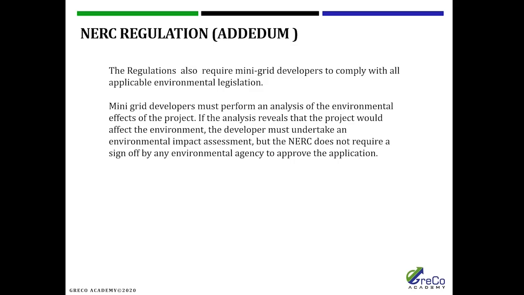Some call it EIA, some call it ESMP, whichever way you want to call it. There are a lot of templates available on the REA website that a developer is expected to use in reporting the result of the environmental assessment that is done on the site of the project.